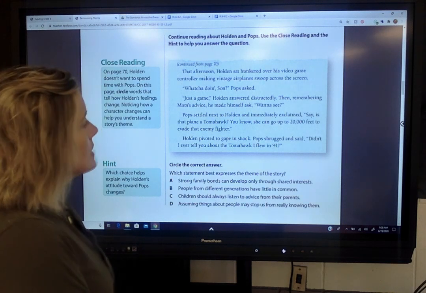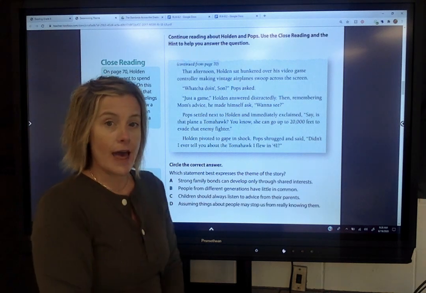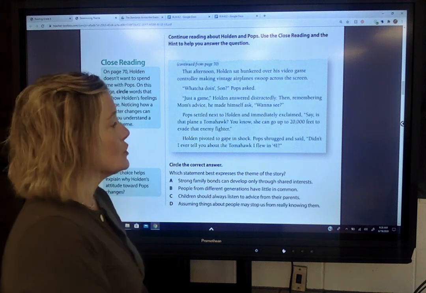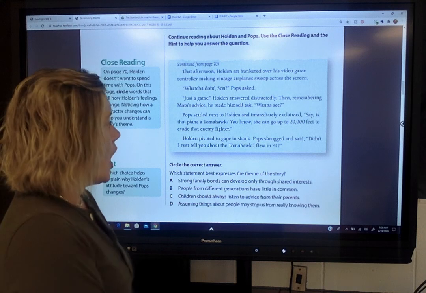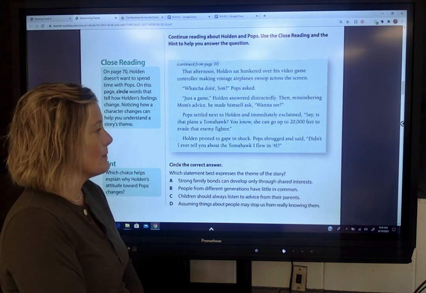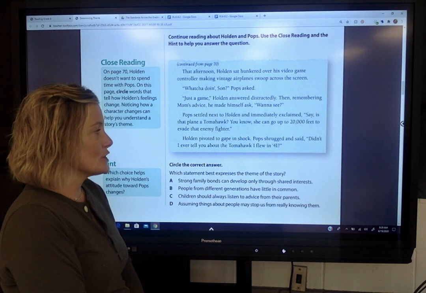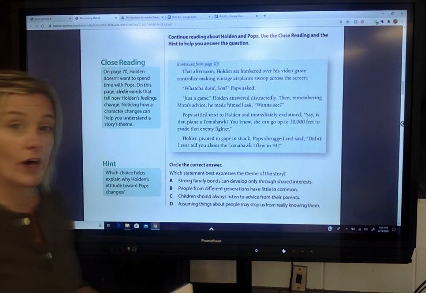Pop settled next to Holden and immediately exclaimed, say, is that plane a Tomahawk? You know she can go up to 20,000 feet to evade that enemy fighter. Holden pivoted to gape in shock. Pop shrugged and said, didn't I ever tell you about the Tomahawk I flew in 1941?